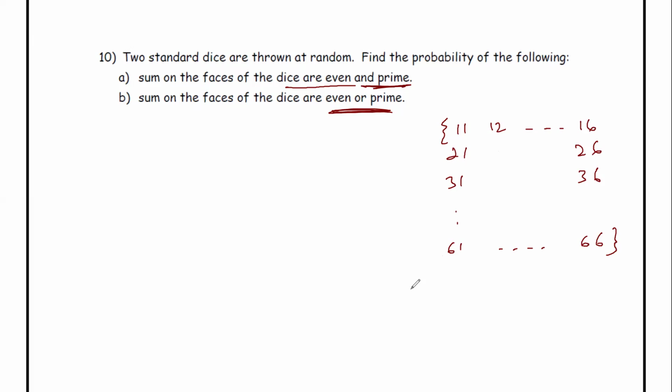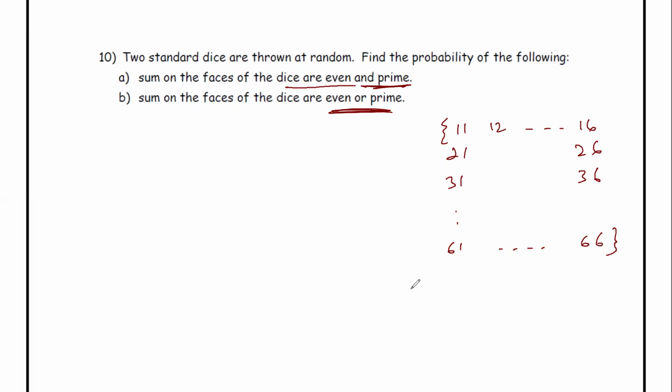Now, the sum on the faces of the dice is even and prime. You already know that, as a property of the number system, the only number which is even and prime is 2. Rest all of them are odd.